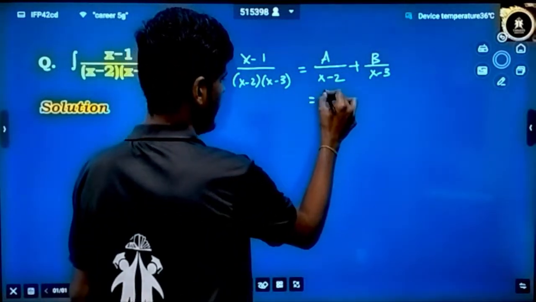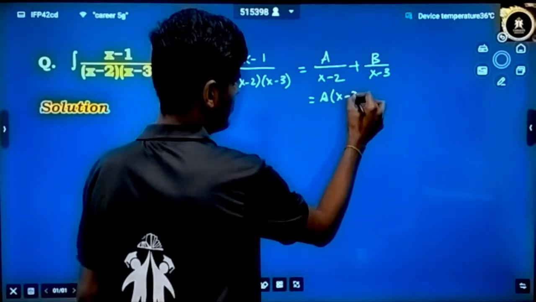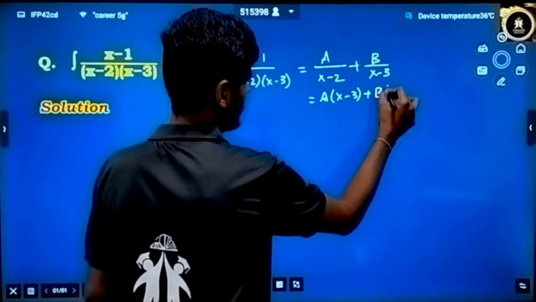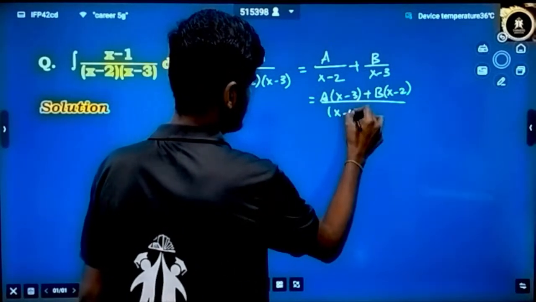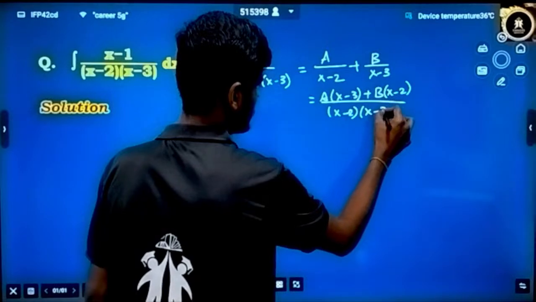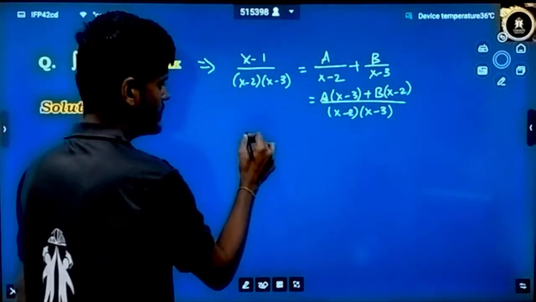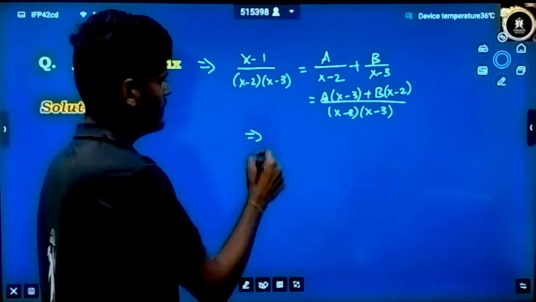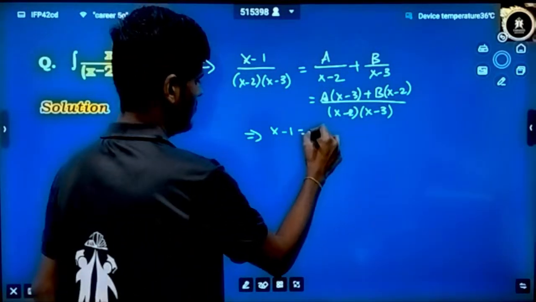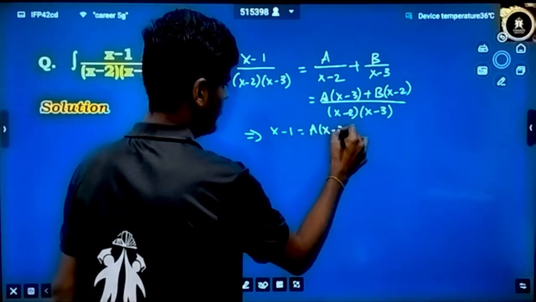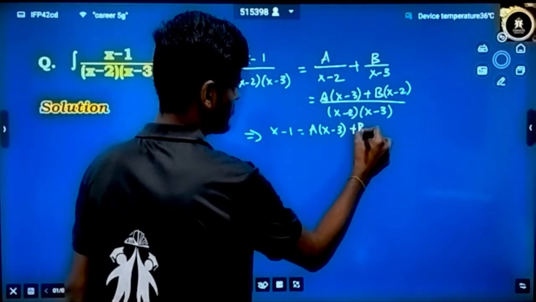Now this is equal to a into (x minus 3) plus b into (x minus 2) divided by (x minus 2) into (x minus 3). That means we can equate both sides, then we will get x minus 1 is equal to a into (x minus 3) plus b into (x minus 2).